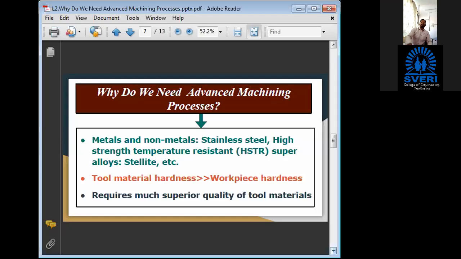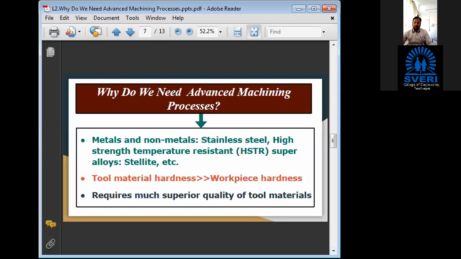For example, if the cutting tool has 500 HRC hardness and the work has 480, it is very difficult to find such a cutting tool, so that is always not feasible.